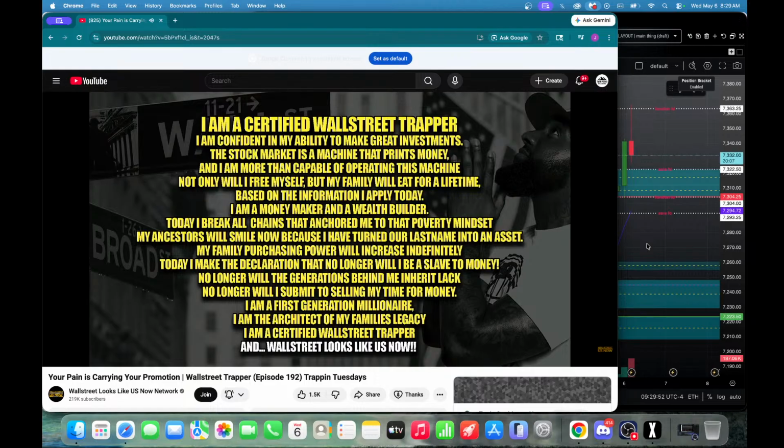My ancestors will smile now because I've turned our last name into an asset. My family's purchasing power will increase indefinitely. Today I make the declaration that no longer will I be a slave to money. No longer will a generation behind me inherit lack. No longer will I submit to selling my time for money. I am a first-generation millionaire. I am the architect of my family's legacy. I am a certified Wall Street trapper, and Wall Street looks like us now. Let's go.